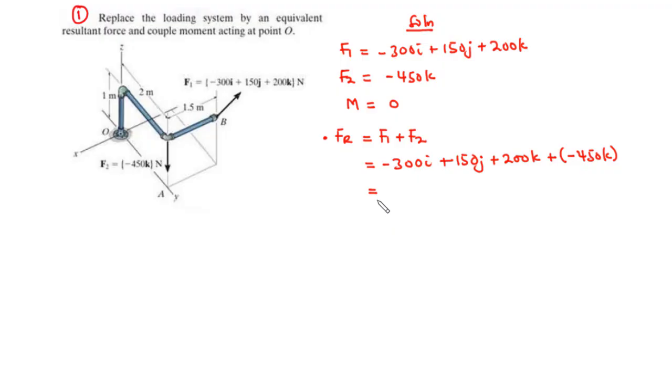So let's sum them up. We are going to have negative 300i plus 150j, and then here we have 200k minus 450k, so that becomes negative 250k. So this happens to be the resultant force FR.